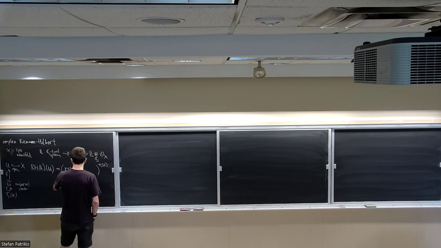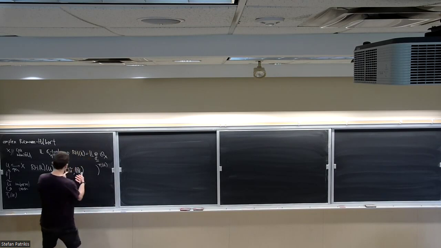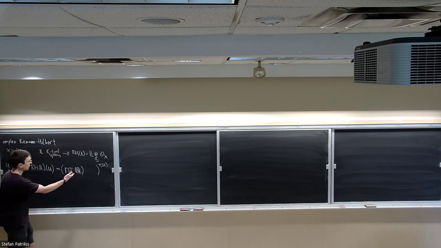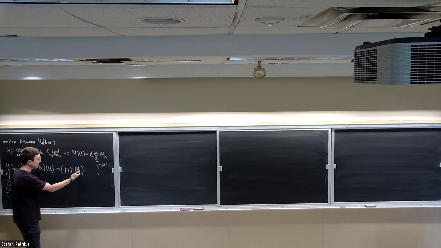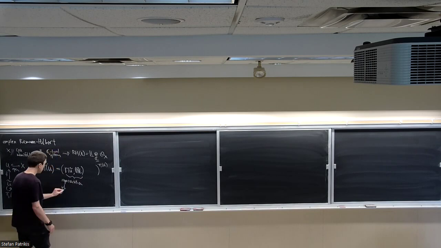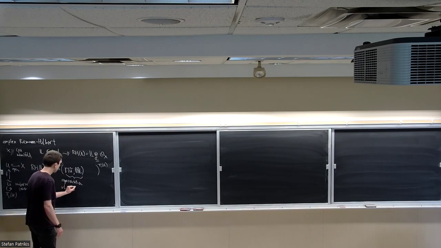If I take global sections, then, so this is not the end of the formula yet, this will be a vector space of the same dimension as the rank of L. And this is just a complicated way of writing the representation of the fundamental group of U associated with L, that is, to L restricted to U.